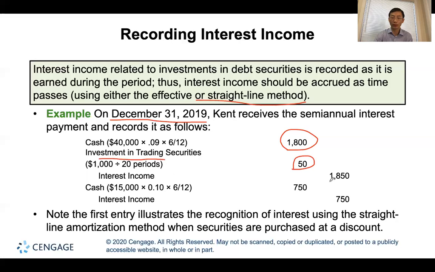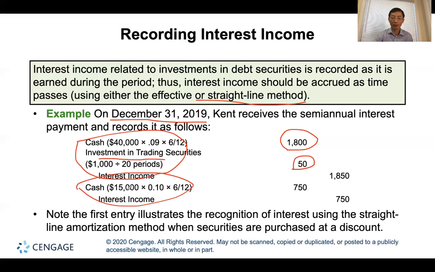And this interest income goes into the income statement as income. And then cash, and this is for the 9% bond. This is for the 10% bond.